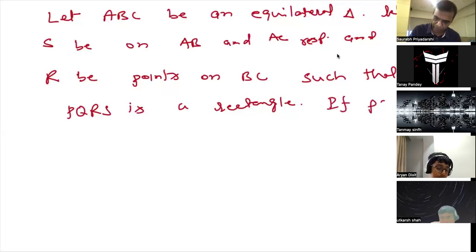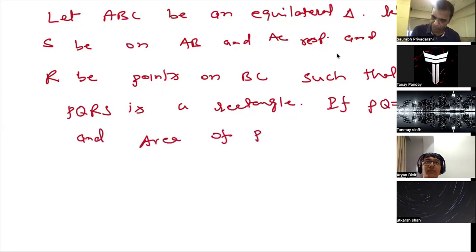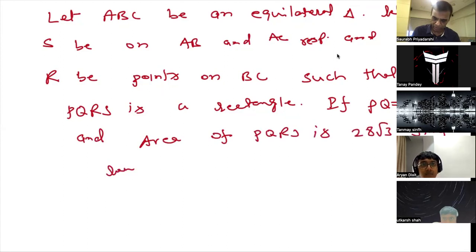If PQ is equal to √3 PS and area of PQRS is 28√3, find the length of PC.